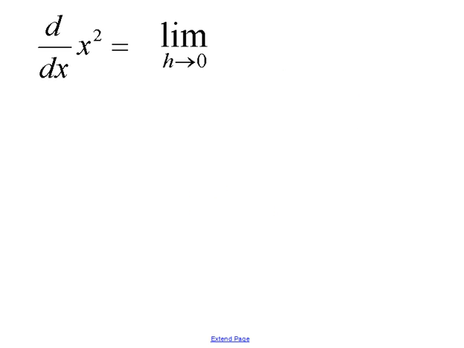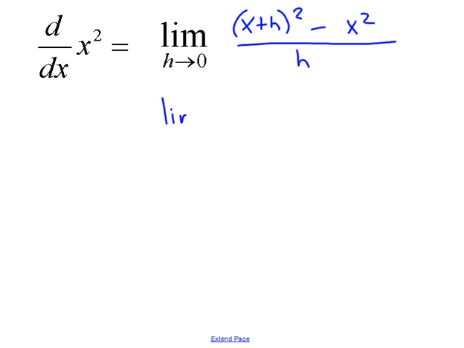Okay, let's up the ante a little bit and let's do x squared. The derivative is going to be f of x plus h, so x plus h quantity squared, minus f of x, which is just x squared, over h. We go through and FOIL that top out: x squared plus 2xh plus h squared minus x squared.